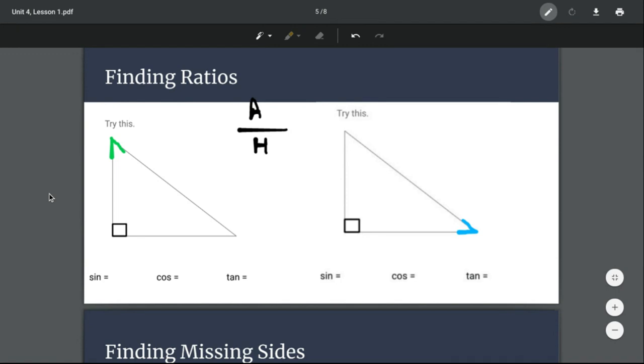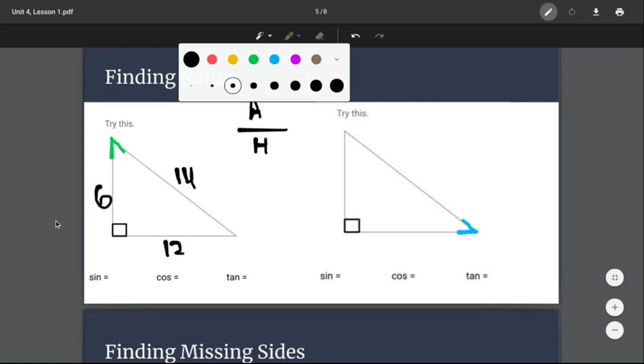But we can just say A over H for now. So what is the A? You know what else? The side lengths are missing, so let's add in those. I will put 14, 12, and 6. Sometimes you might have to find it, and if you had to do that, you would use Pythagorean theorem. But anyways, so let's try.